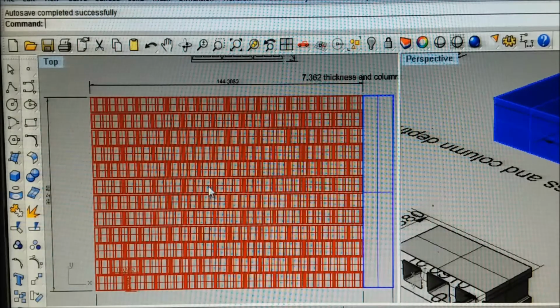Some people use less render, but just so we have a flush mounted column, the column thickness is 7.362 inches, 16 wide. And that is in addition to the 144 inches of hollow block.